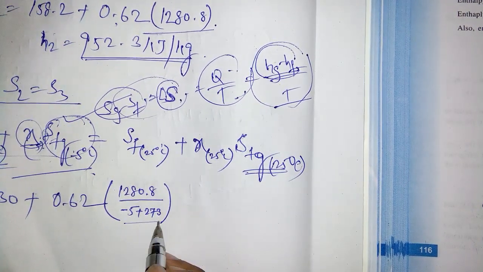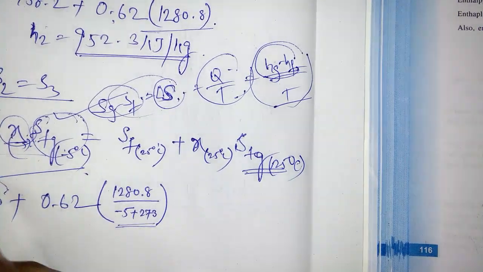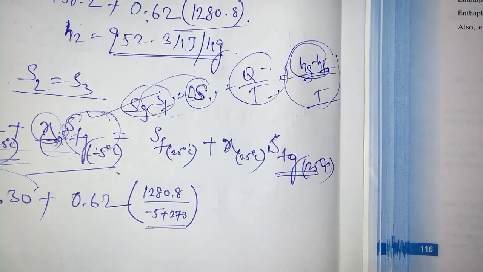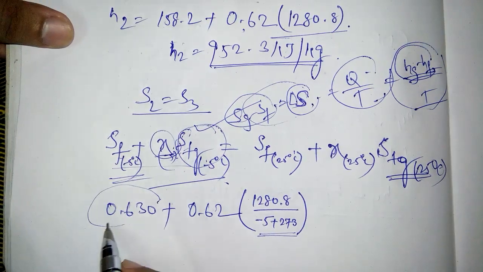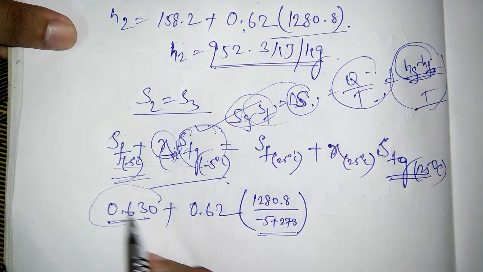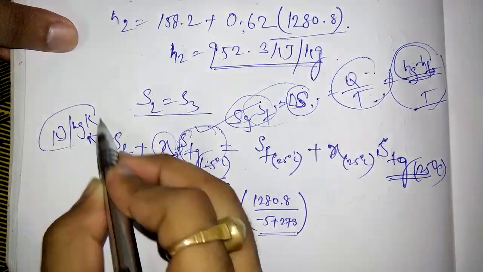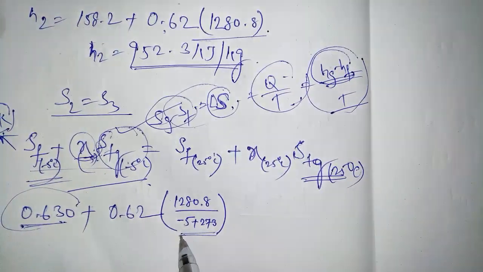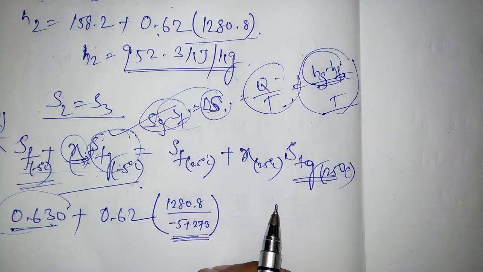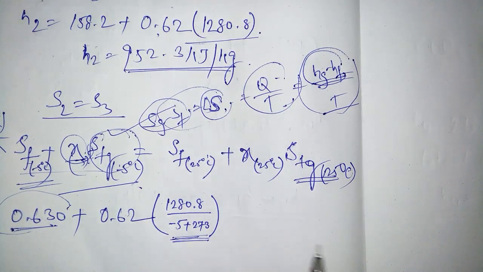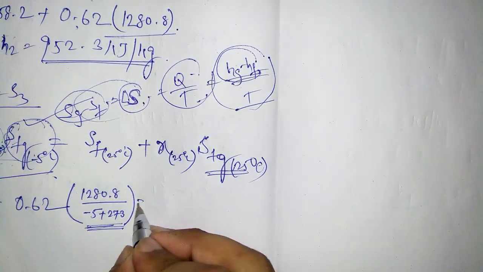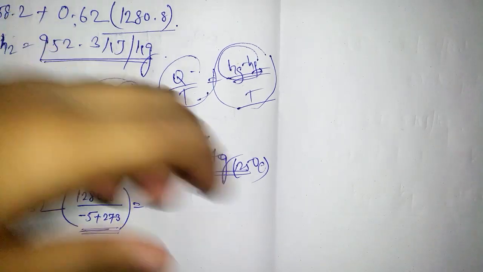Why are we adding 273? Because the entropy value we put here, 0.630, is in kilojoule per kg Kelvin. That's why whenever we put the temperature, we have to put it in Kelvin. This equals Sf at 25 degrees Celsius.